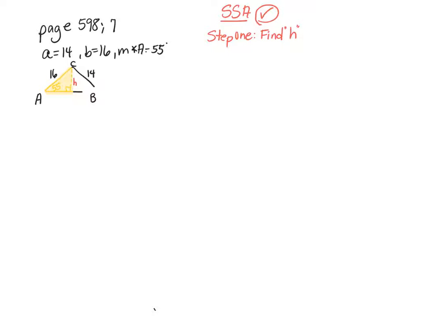and we see that with respect to our angle of 55, we have a sine function that we could use to find H. So the sine of our 55 degrees equals the opposite side of 55 over the hypotenuse. So 16 sine 55 is the height of the triangle.